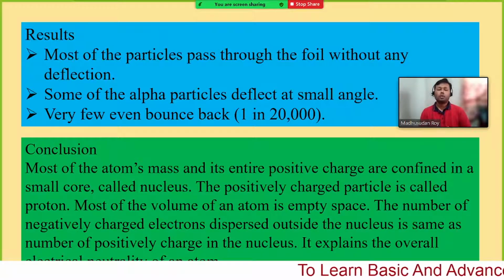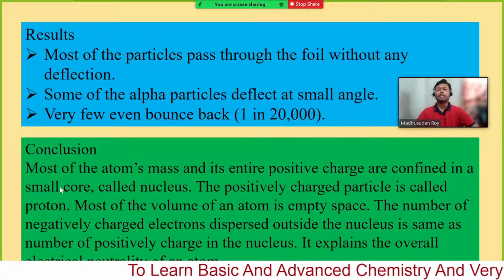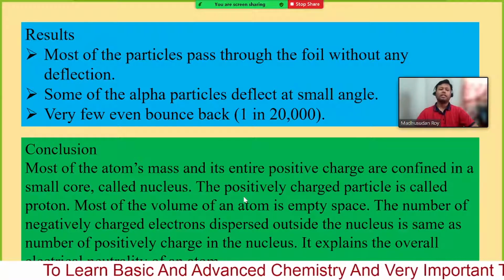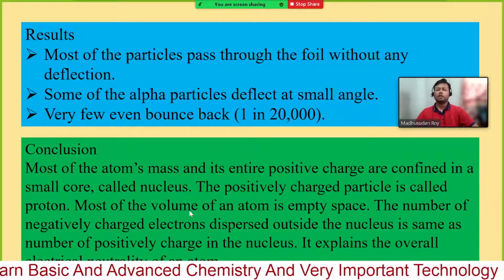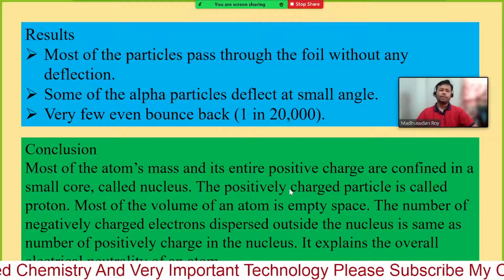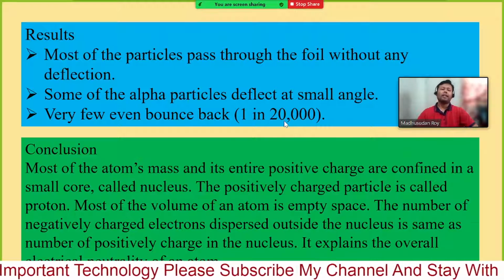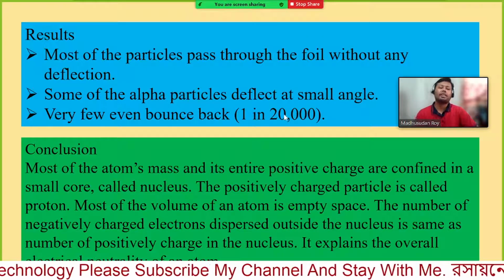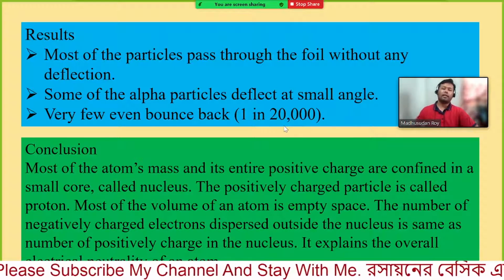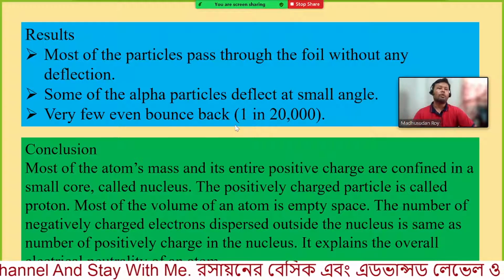The positively charged particle is called a proton. Most of the volume of an atom is empty space, because around 19,999 particles go through the atom without any deflection, and one bounces back.